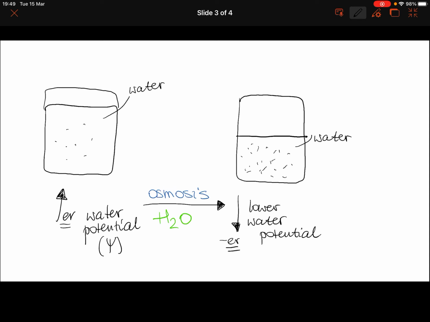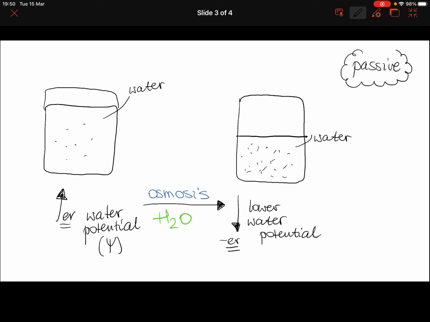So as you can see, in a really simple way, the water potential is the measure of water. In the higher water potential, we've got more water but less solids dissolved in there. Lower water potential means otherwise, in a really simple way, less water and more things dissolved in there. And that is also a passive process.